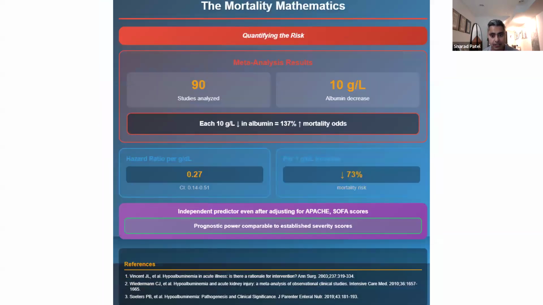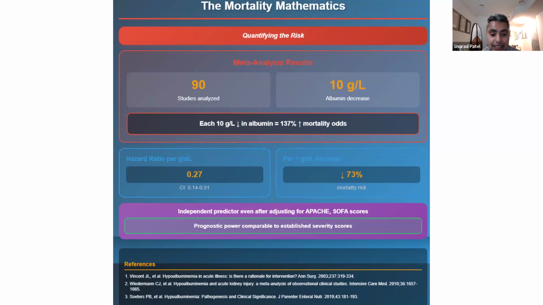So how do you quantify risk? When I see a hypoalbuminemic patient, I already see, all right, compared to the patient who has normal albumin, at any given level of sepsis, any level of critical illness, the mortality will increase. A meta-analysis of 90 studies noted that every 10 gram per liter decrease gives a dramatic increase in mortality odds.